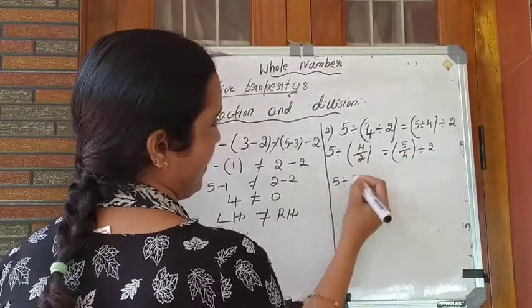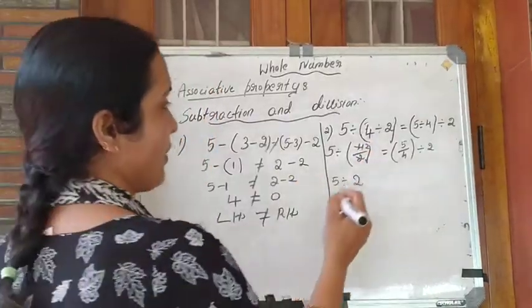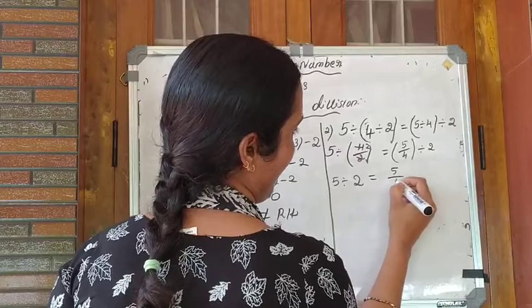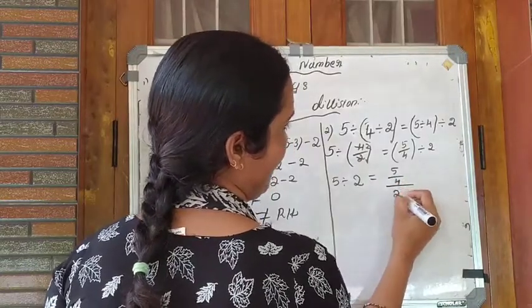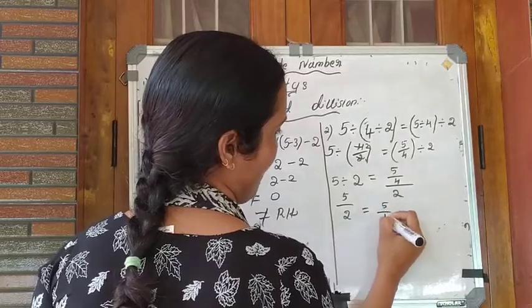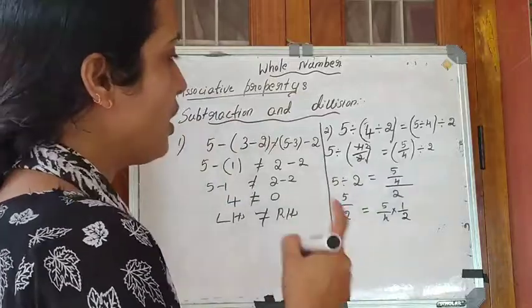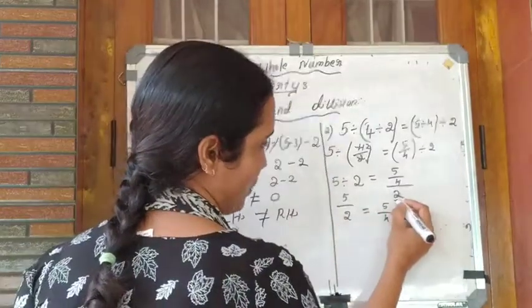So 5 divided by 2, that is equal to 5 by 4 divided by 2, whole divided by 2. 5 by 2, that is equal to 5 by 4 into 1 by 2. That is the reciprocal of the number 2.